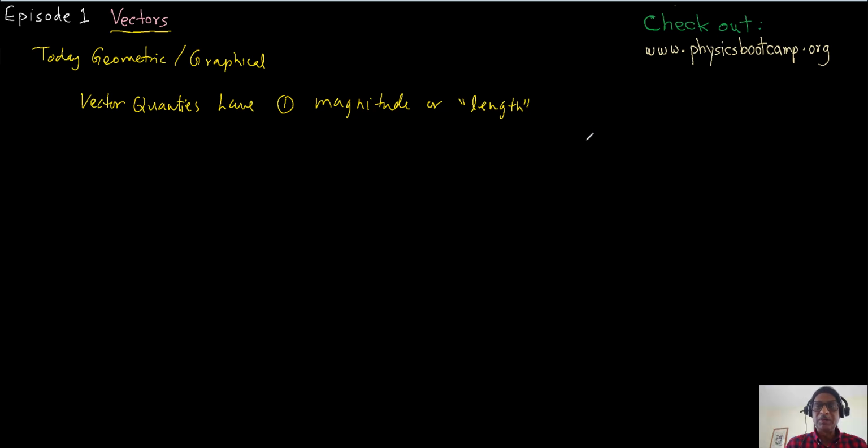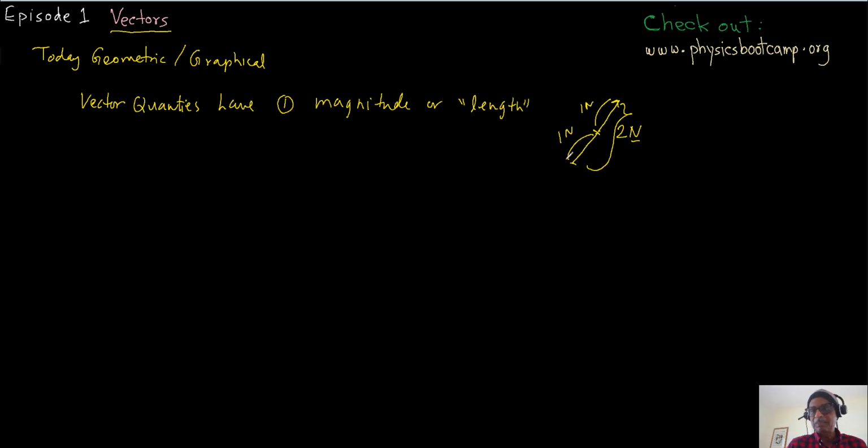So if I have a force vector, and we draw, say, a 2 Newton force, we say this much is 1 Newton and this much is another Newton. So we draw 2 Newton size of that. The length of this is what we mean by the magnitude.